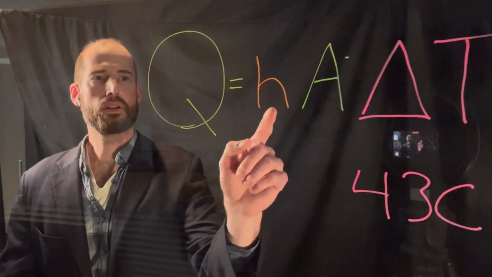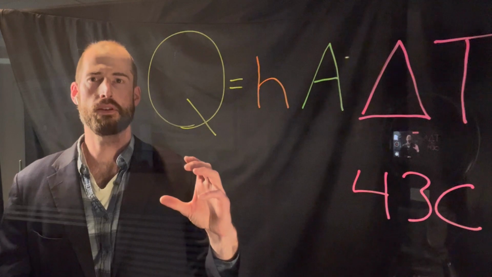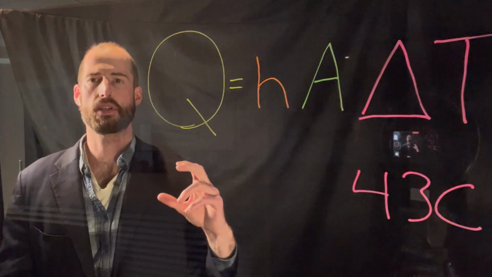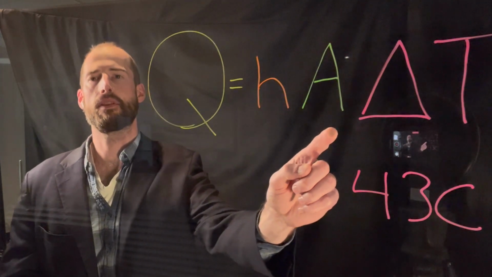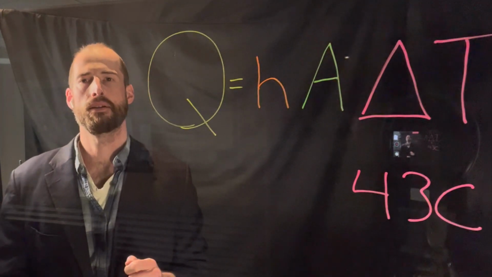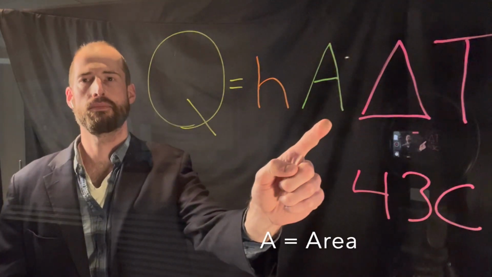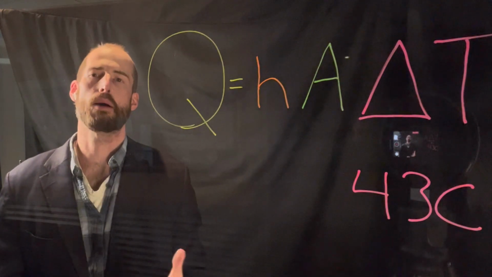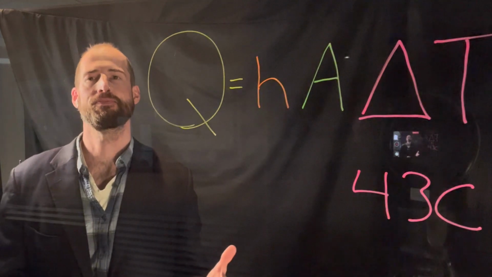So if the heat transfer coefficient is bounded in terms of safety, and the delta T is bounded in terms of safety, there's really only one variable left that can meaningfully impact patient outcomes, and that is area, the square area in contact between the two objects, in this case, the patient and the patient warming system.